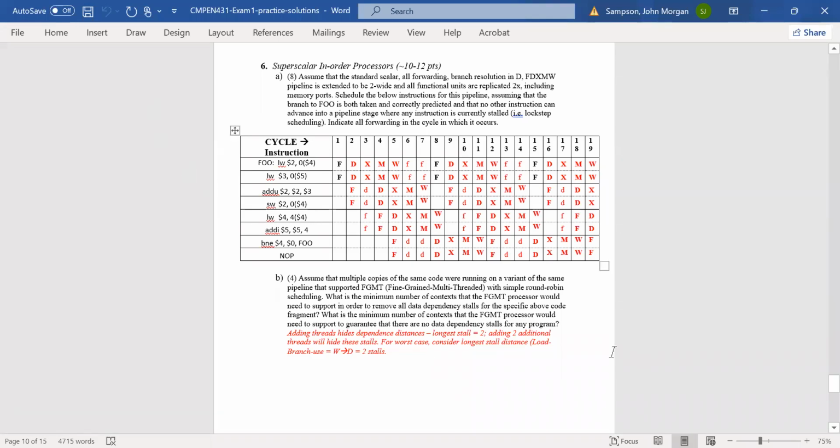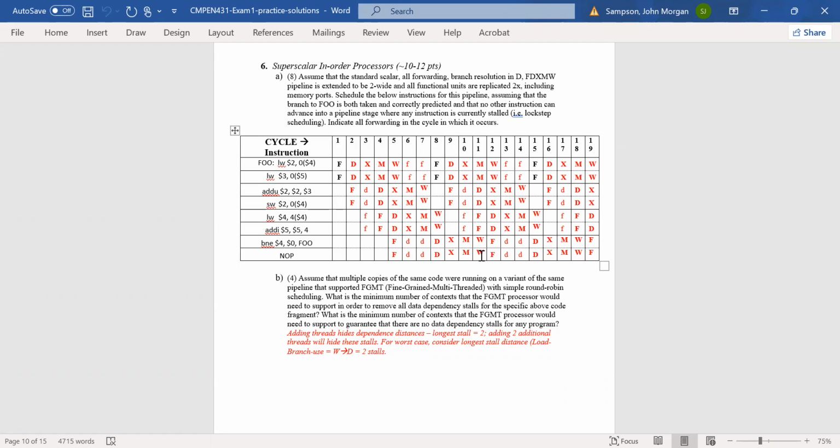Okay. Now, the good news with loops is that they loop, right? So once you get to this point here, once you've gotten to cycle 11, you can schedule the rest of this with some copy paste, right? You don't need to rethink all of the same problems all over again. It's just going to repeat, because I know what the dependencies are.